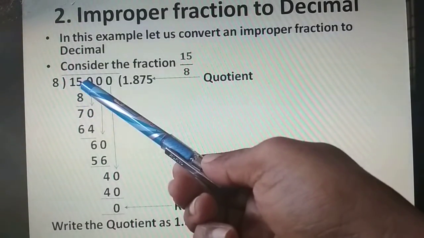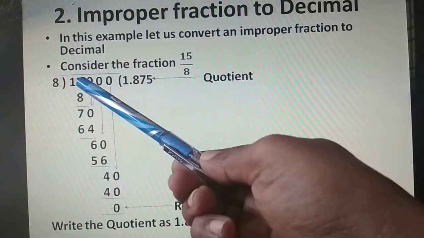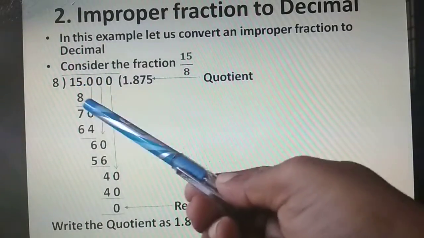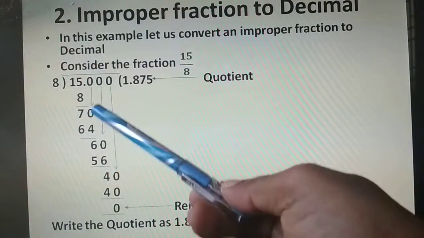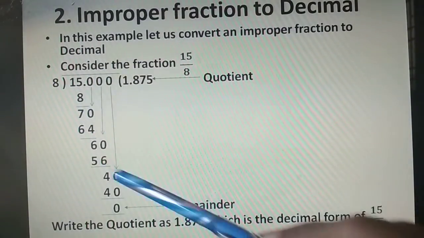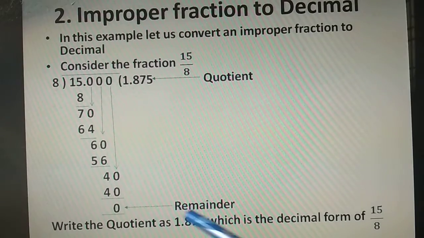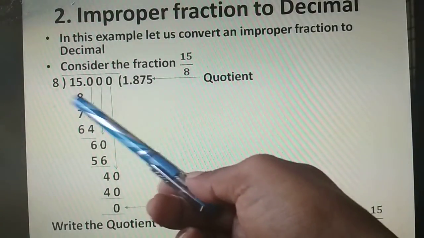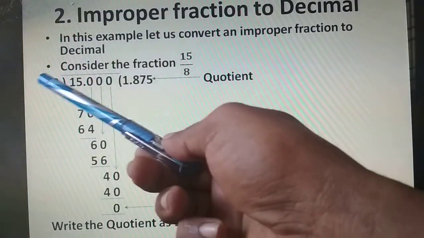In advance itself you can put a decimal point and add a few zeros. Keep on adding zeros one by one. Here also we continue the process till we get the remainder as 0 in the end. Here, the first step is 15 divided by 8.